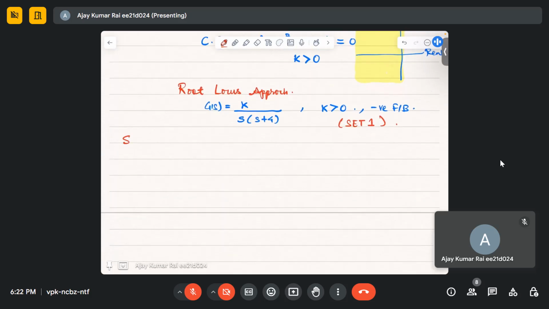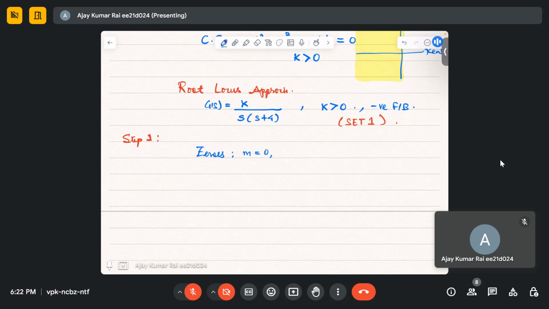So what was step 1? Let's find out what the zeros and poles are. First, zeros. If you see how many zeros are there here, m is equal to 0, right? There are no zeros here. If you see the numerator, only K is there, so the number of zeros is equal to 0.